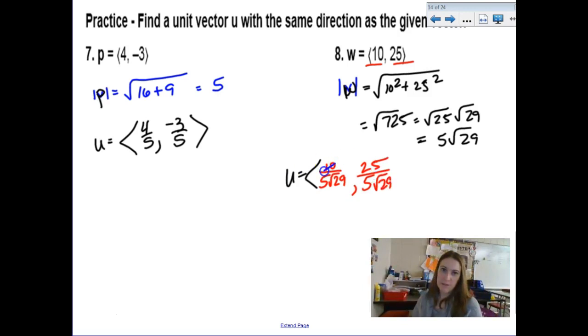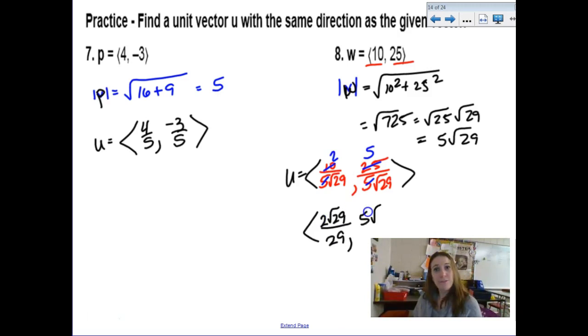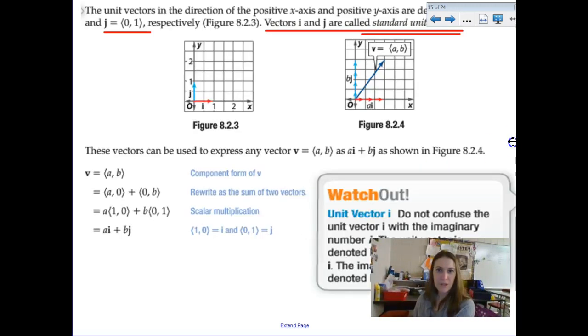I'm going to reduce the 10 and 5 and the 25 and 5, so this is a 2 and this is a 5 now. I'm also going to remember to rationalize. After multiplying top and bottom by square root of 29, I get 2 square roots of 29 over 29, and 5 square roots of 29 over 29. Again, I'm skipping the rationalization work because you guys are really good at that.